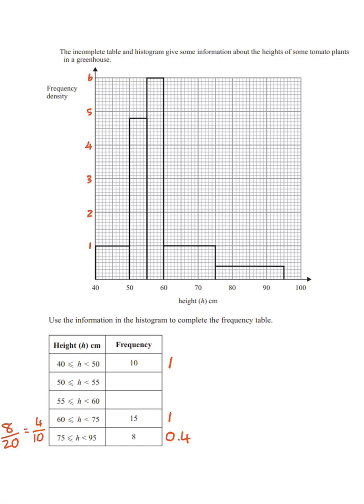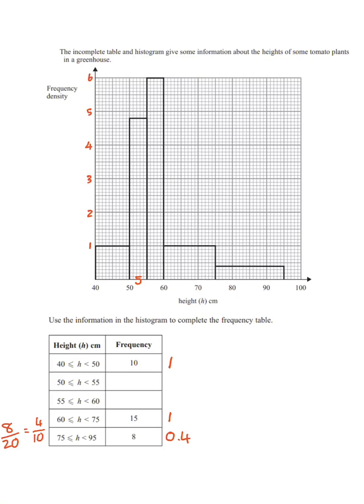Now remember, if you already have a bar that is drawn for you, then to find the frequency, you get the area of the bar. So let's look at the 50 to 55 bar. So it's obviously 5 units wide. And if we look at how many units it goes up, 4.5, 6, 7, 8.